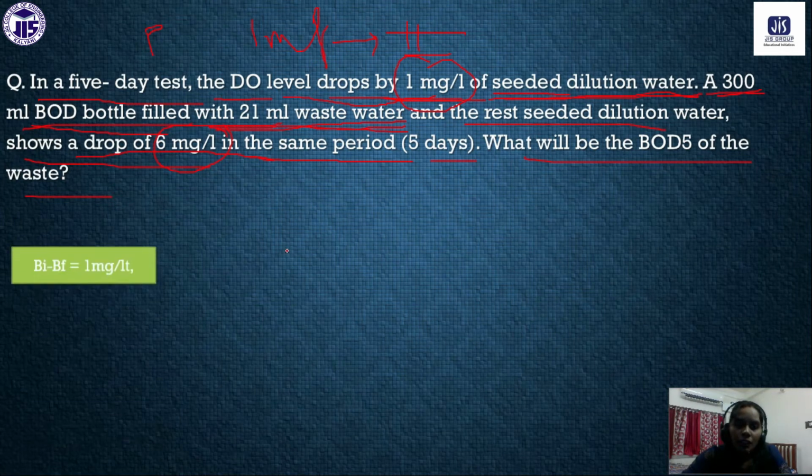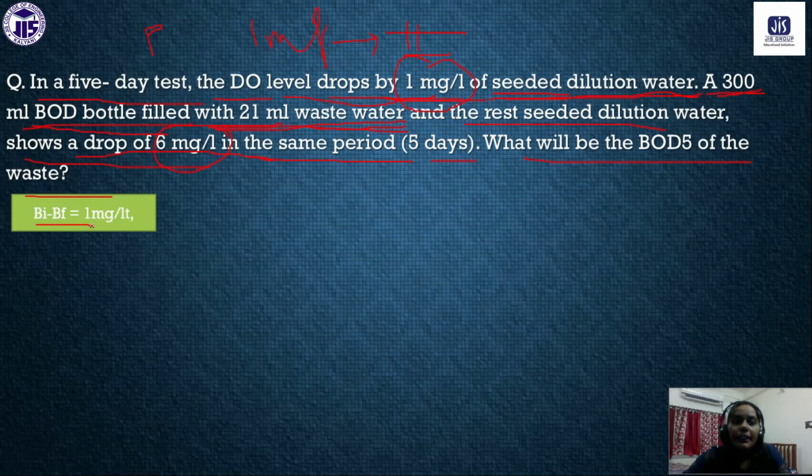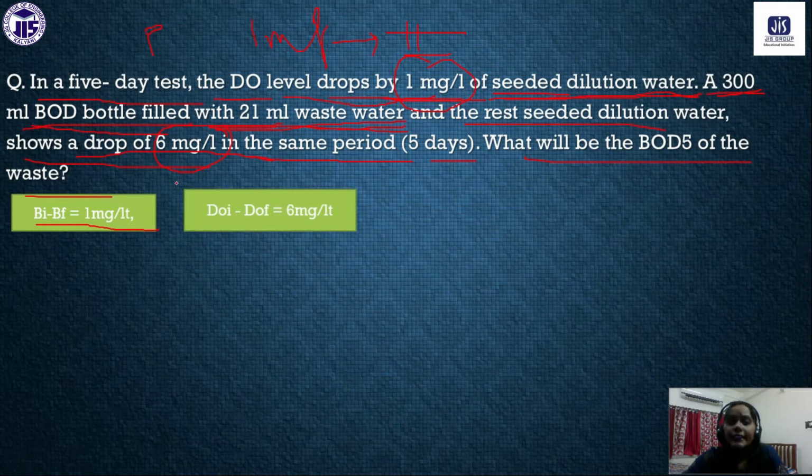So 1 milligram per liter, initial minus final value, is for bottle 2, and 6 milligram is for bottle 1. That means DOI minus DOF equals 6 milligram. Only when we do initial minus final do we get the drop of dissolved oxygen. They have already done the subtraction, 1 milligram and 6 milligram.